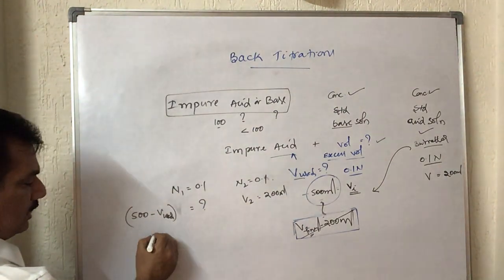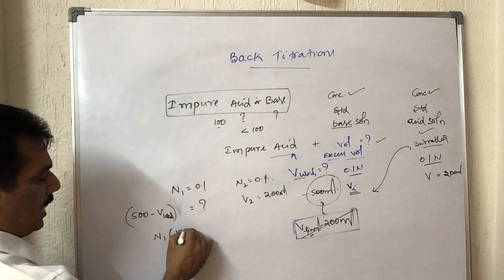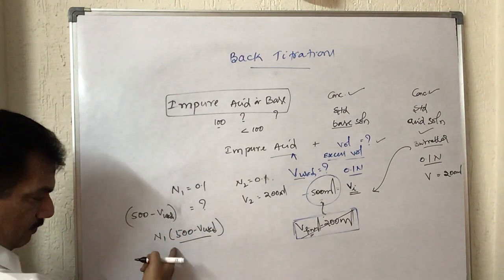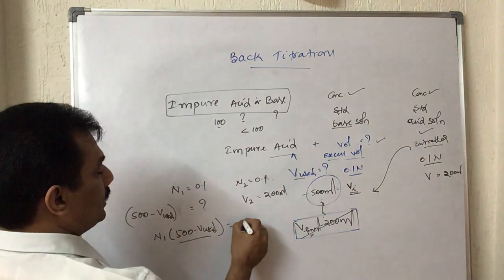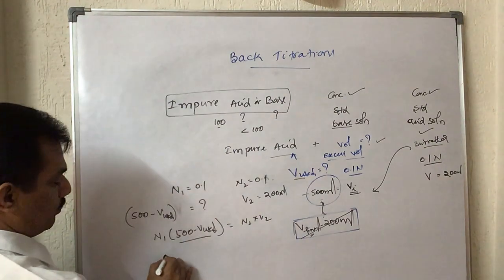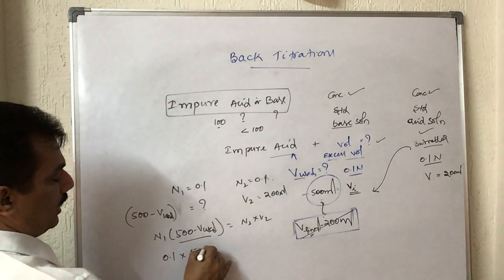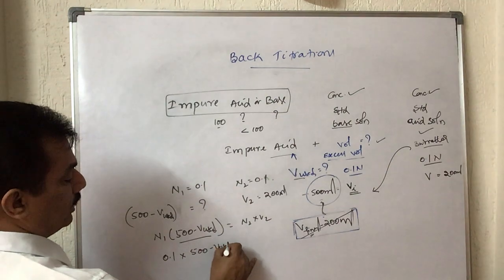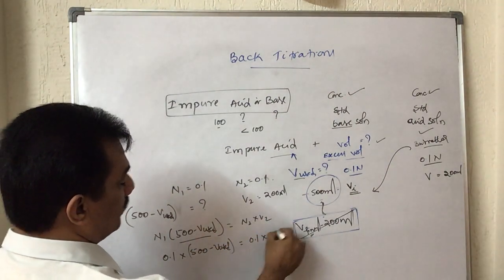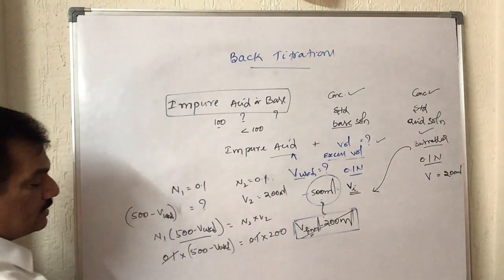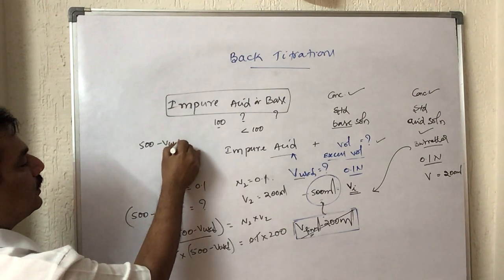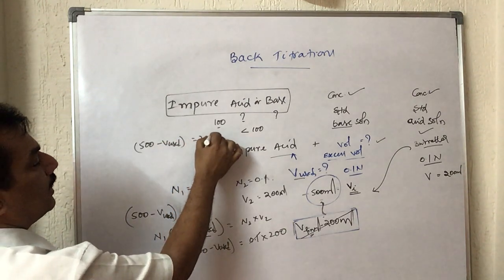Now we have to calculate: N1 into 500 minus V used, that is the remaining volume, is equal to N2 into V2. Now it is 0.1 into 500 minus V used, the remaining, is equal to 0.1 into 200, and 0.1 gets cancelled, and now 500 minus V used is equal to 200.